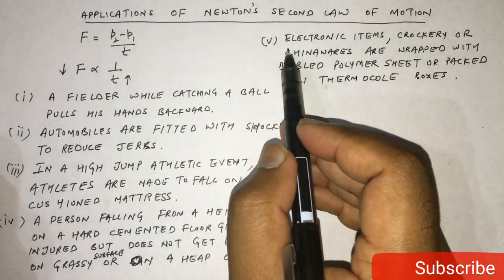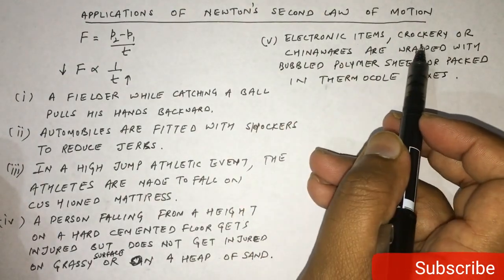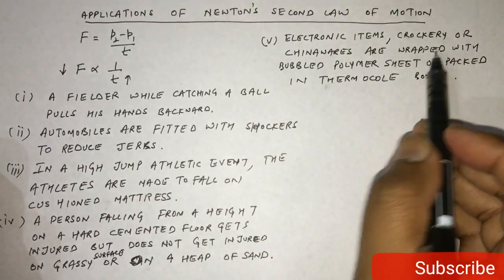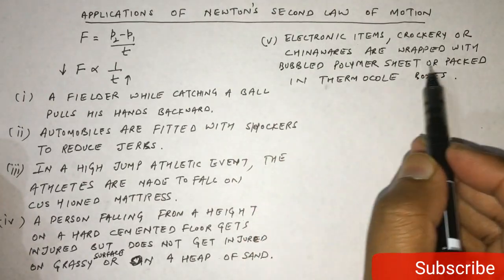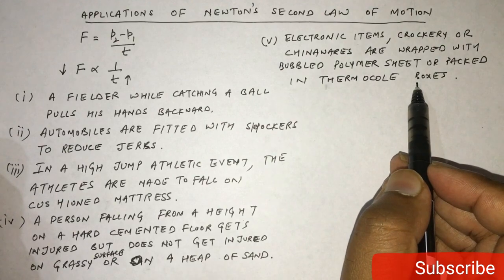So the fifth application is electronic items, crockery or chinawares are wrapped with bubbled polymer sheets or packed in thermocol boxes.